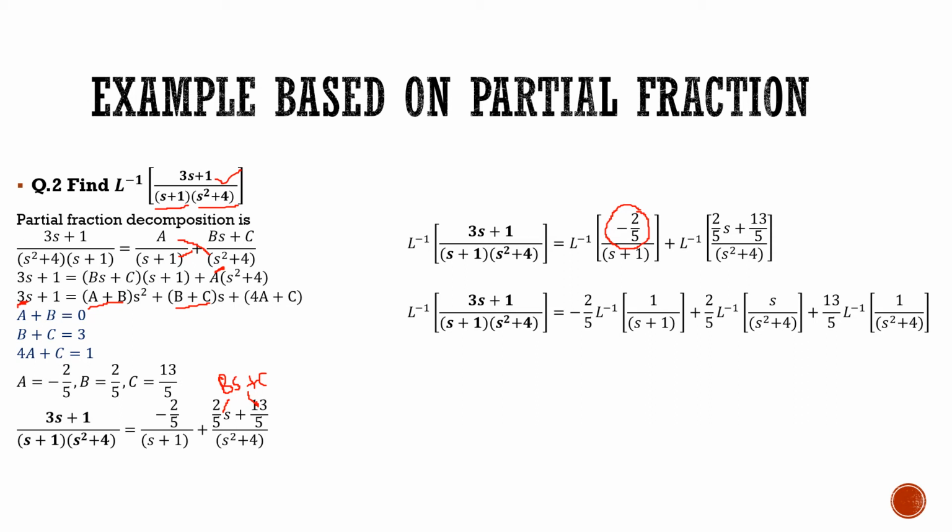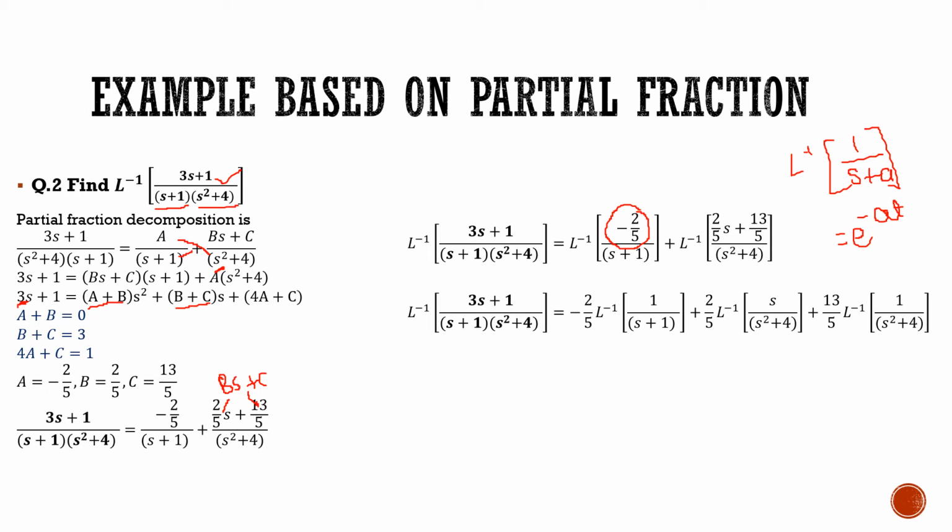Now you can see in the inverse Laplace transformation we have a standard formula. What is the standard formula? First is 1 upon s plus a, so Laplace inverse of 1 upon s plus a is equal to e raised to power minus at. Then s upon s square plus 4 is cos at, and the value of a is 2, so cos 2t.